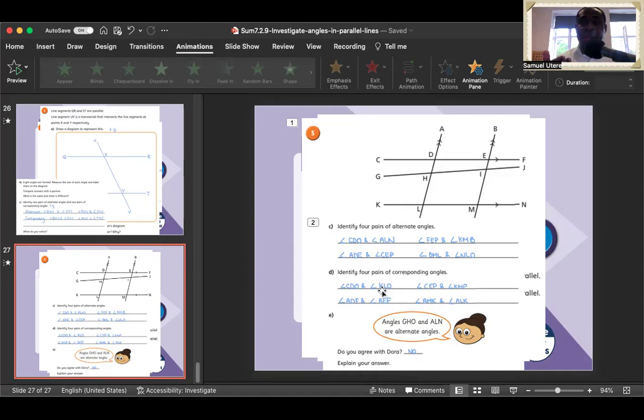We also learned that visualizing the Z shape and looking at angles that are in similar locations of the Z shape helps you identify alternate angles. And then visualizing the F shape and identifying angles that are in similar locations of the F shape helps you identify corresponding angles.